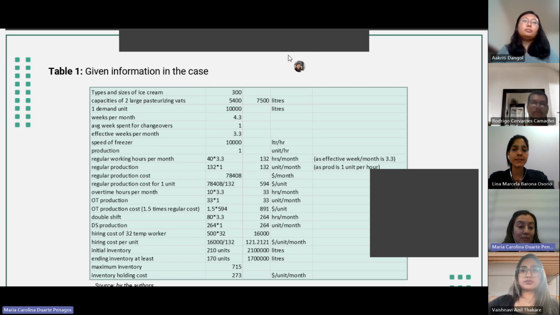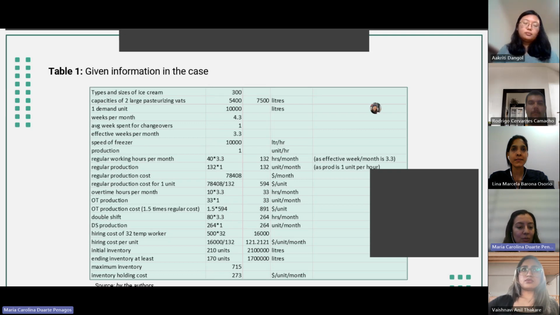Then we have an average of one week spent on changeover, and so effective weeks per month are 3.3 weeks. Then we analyze the speed of the freezers, that is 10,000 liters per hour, with a production of 1 unit per hour.